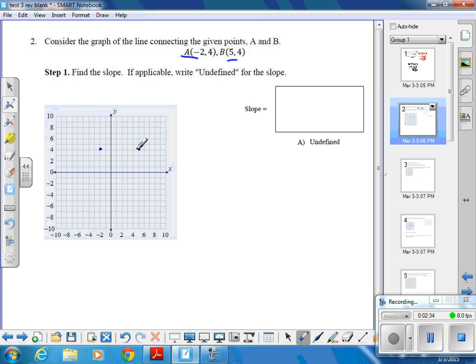Now, the only kind of line that can go through this is a horizontal line. So I'm going to connect these 2 dots, like that. All right? So that's the line that goes through these points. Now, you should know that horizontal lines have 0 slope. If you don't, you use your slope formula, y2 minus y1 over x2 minus x1, to figure that out.